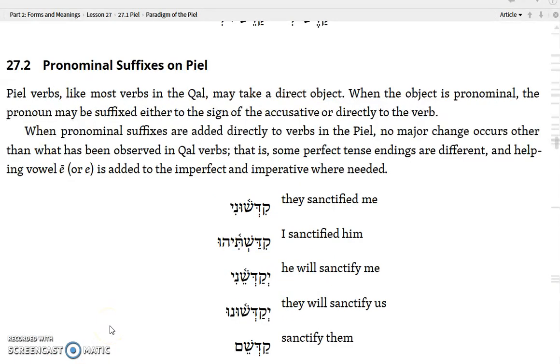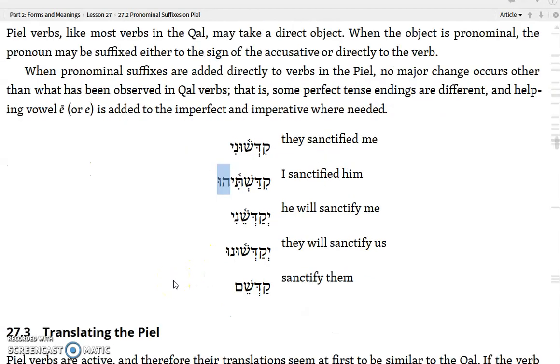Well, like verbs in the Qal, verbs in the Piel can take object suffixes that get attached to the verb itself, and he gives you some examples. Kiddeshuni, they sanctified me, where you add a ni ending, the "me," at the end. Or if you want to say I sanctified him, kiddashtihu. So you take the "I sanctified" and add the "him" at the end.